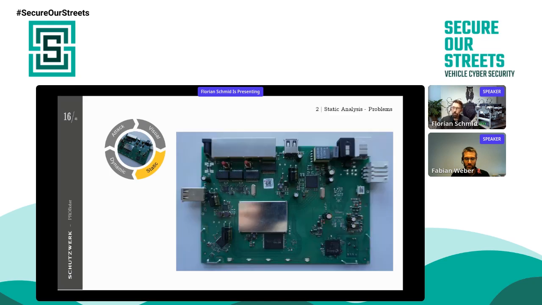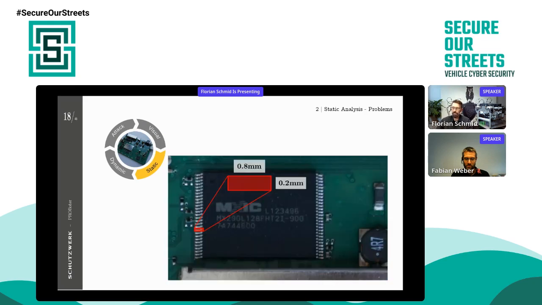Quite similar to the previous step, the number of pins which are used for communication between the components is quite large. And when using a continuity tester here, for example on this chip, you see that the pads are quite small. So just slipping off with your probing tip happens quite easily. So this gives you false information.